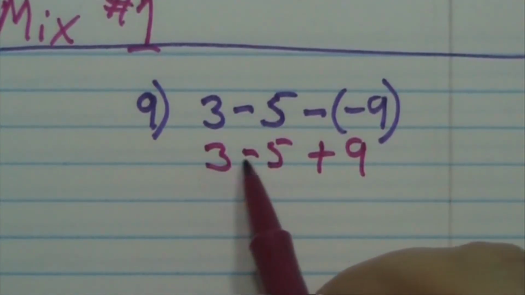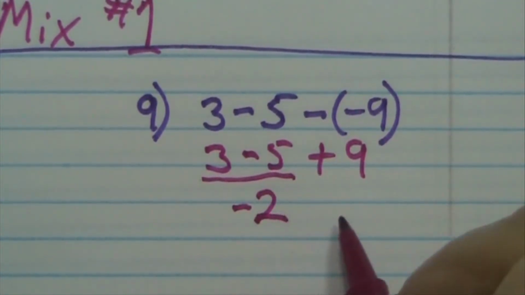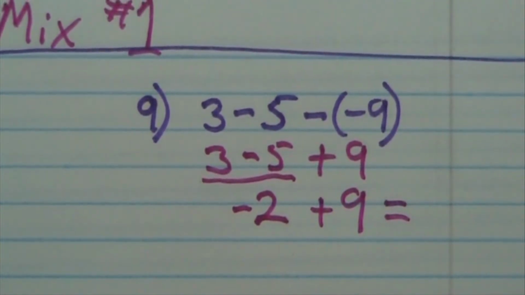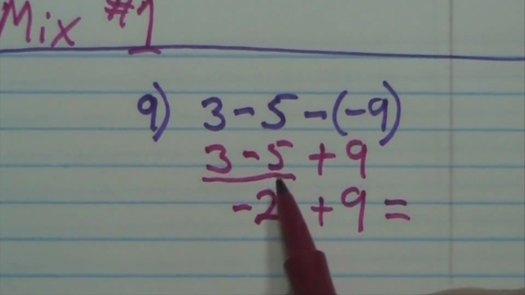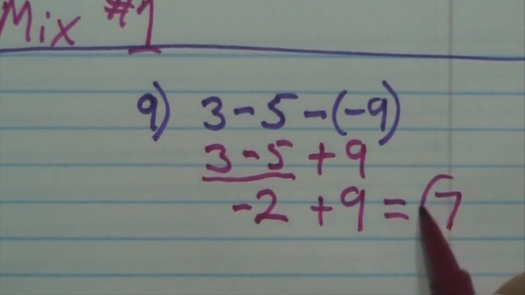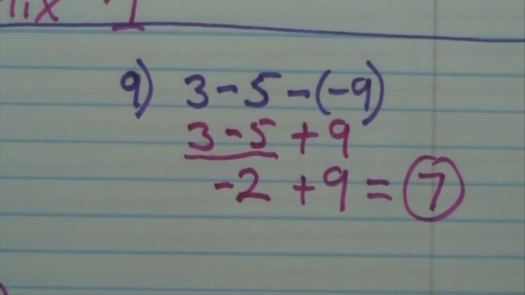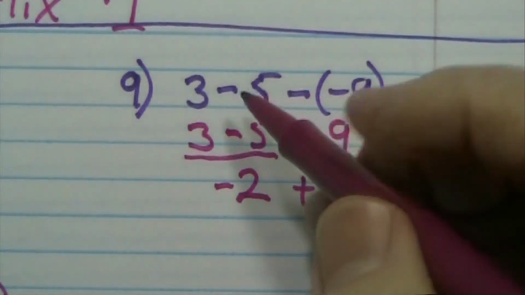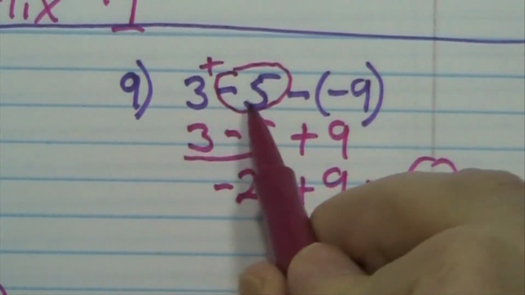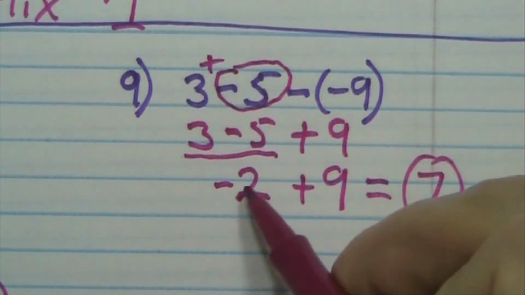But 3 minus 5 is -2. -2 plus 9. Right? This is -2. And 9 minus 2 is 7. And please remember that 3 minus 5, that's the same as 3 and -5. 5 negatives, 3 positives, that leaves us with 2 negatives.